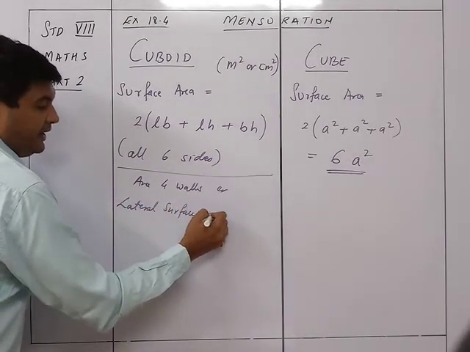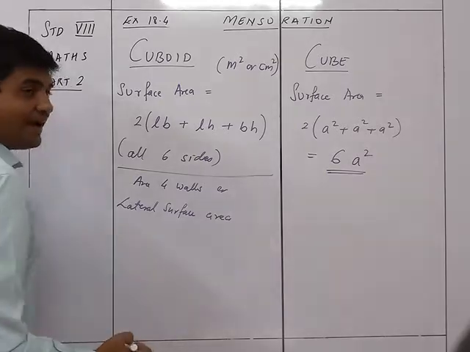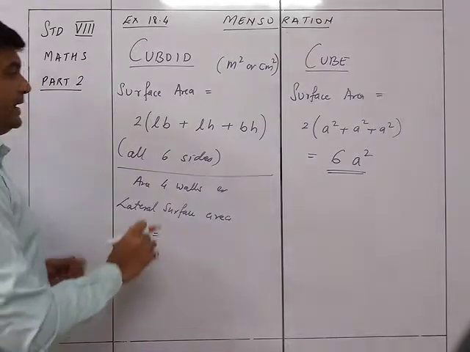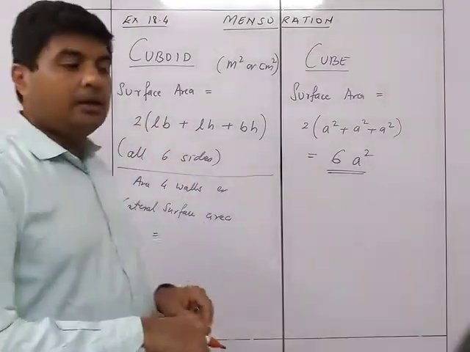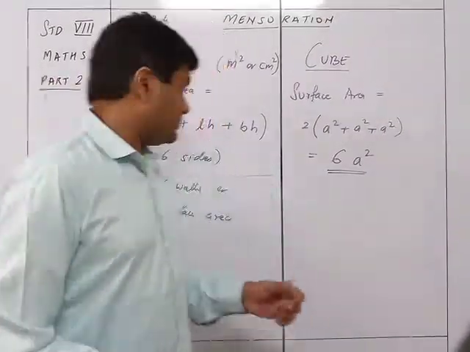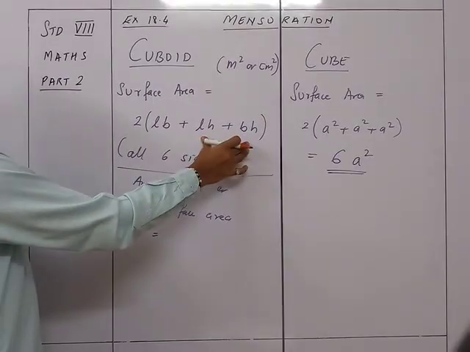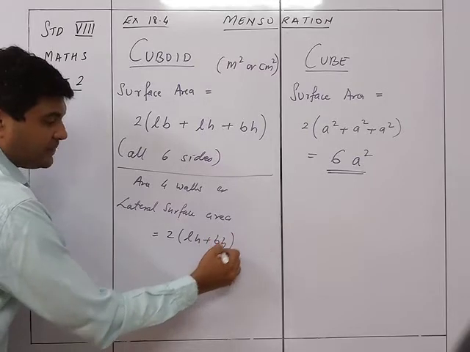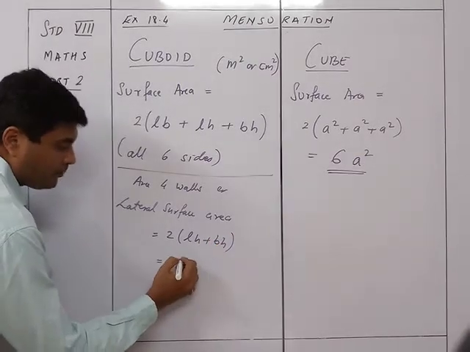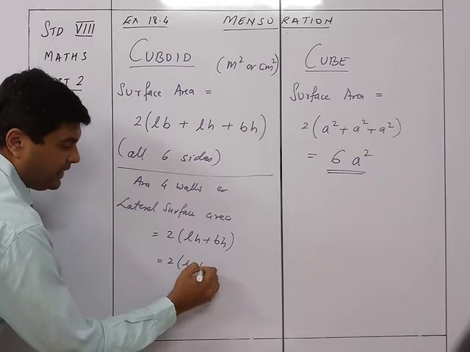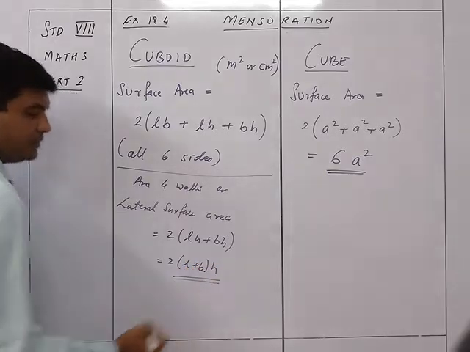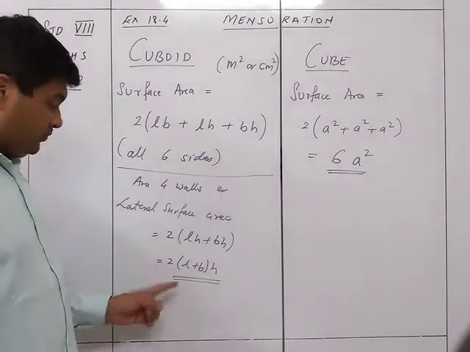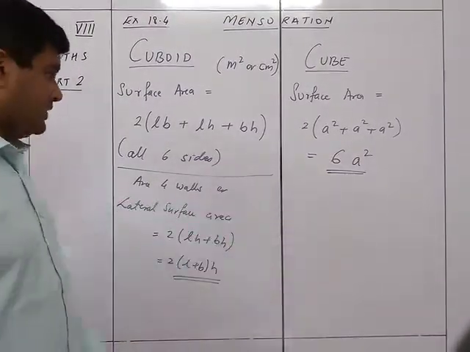In case of lateral surface area, the formula will be, you can see that you won't have the base length into breadth part over here, but this part will be there. So it will be 2 LH plus BH. H can be taken out common, so it will be 2 L plus B into H. Now the same thing in the cube form.